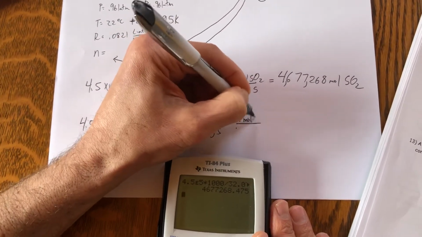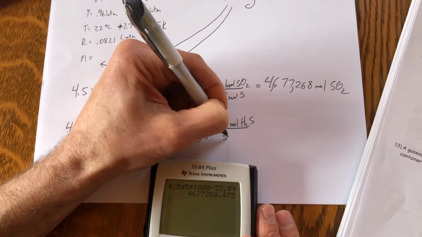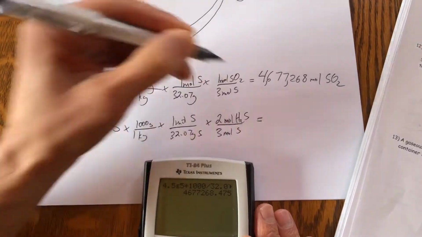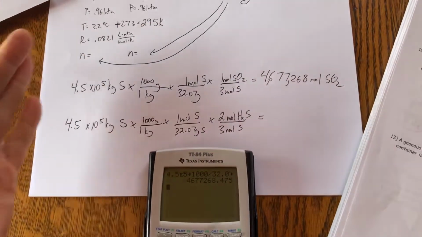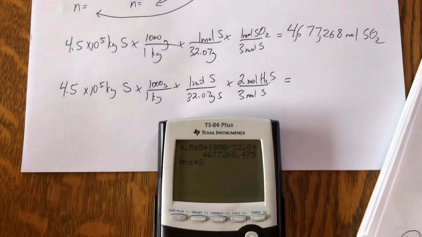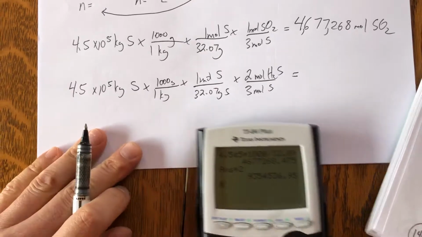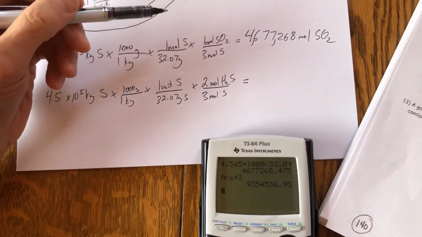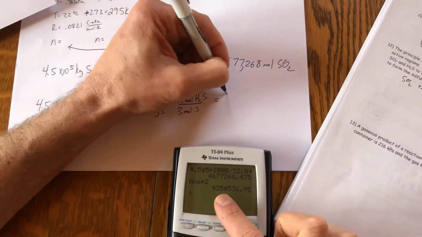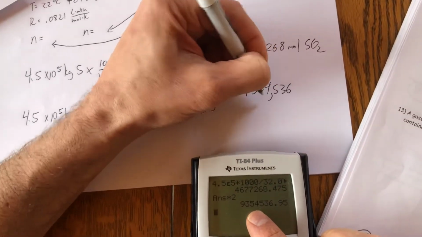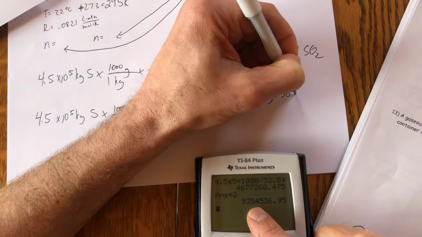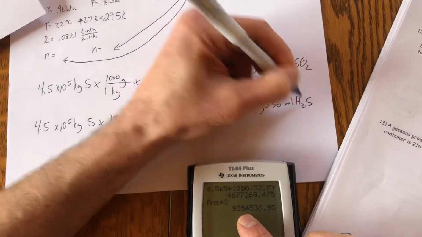So 2 moles of H2S is proportional to 3 moles of sulfur. So all of these numbers are going to be the same. So instead of retyping it, I'm just going to multiply my answer by 2 because it's twice as many moles. And so we're going to get 9,354,536. So 9 million moles of H2S.